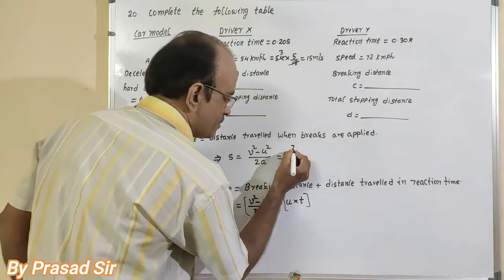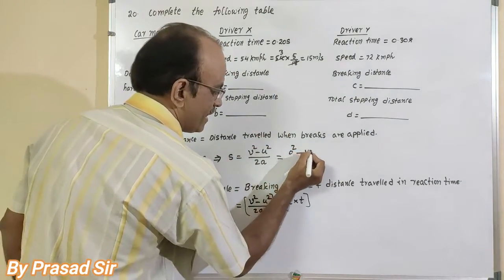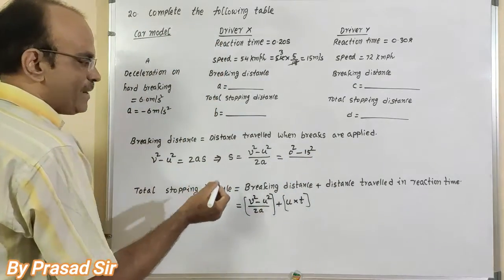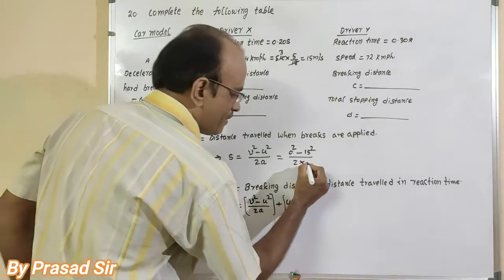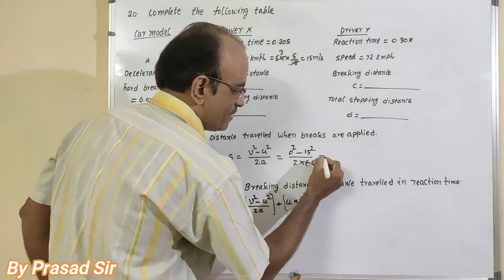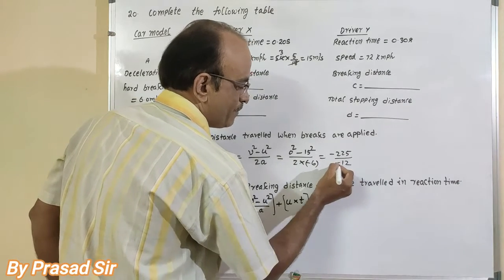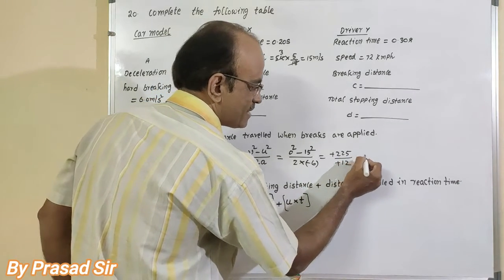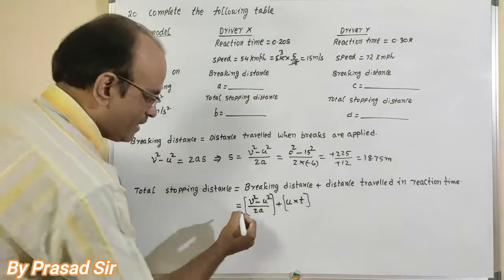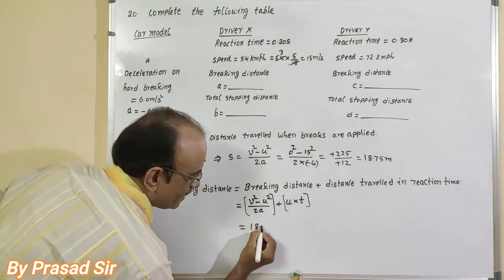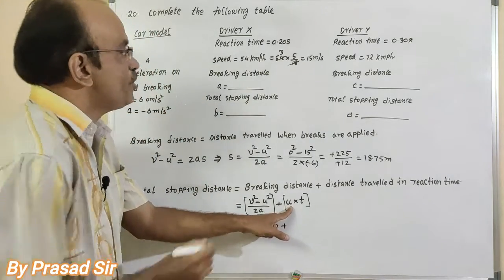So 0 square minus U, that is 15 square, divided by 2 into acceleration minus 6, is equal to minus 225 divided by minus 12, minus minus cancel, that is 18.75 meters.